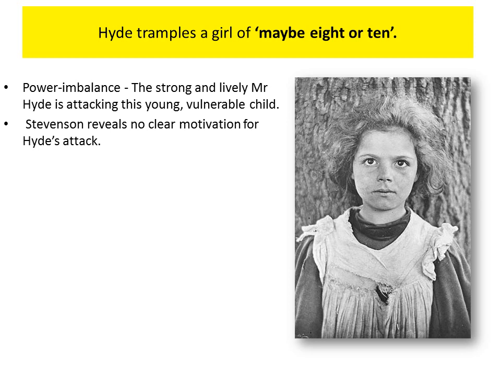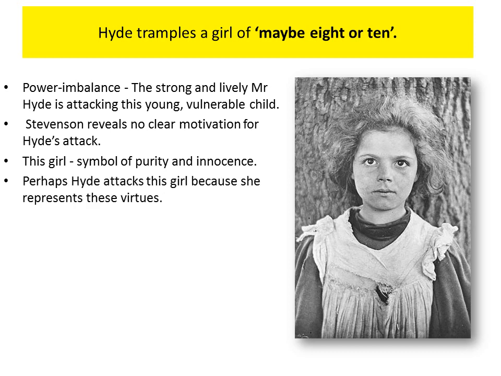Well, perhaps it's important to think about what this girl represents. This girl, like other children, is a symbol of purity and innocence. Perhaps Hyde attacks this girl because she represents these virtues. There's maybe something about goodness that makes Hyde angry.